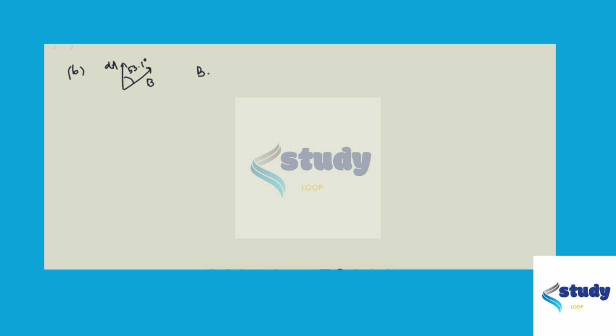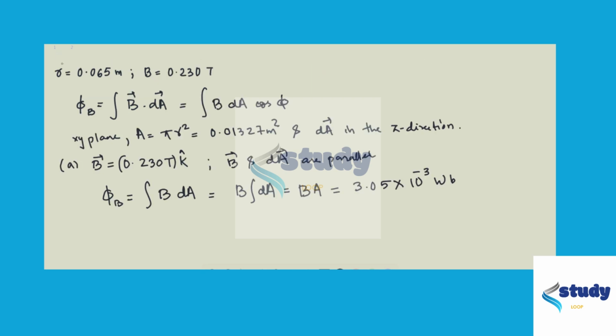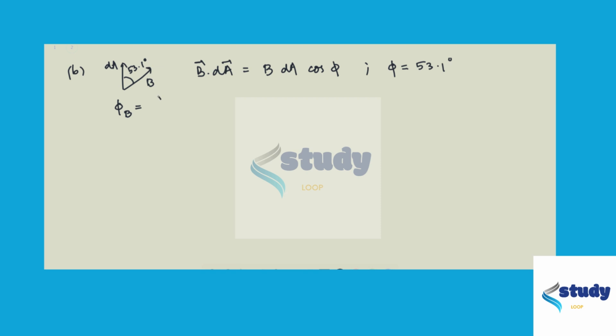So B dot A will then be B times dA times cos phi, where phi is 53.1 degrees in this case. We will follow the same equation that we did for part A. So for this case, the integral will be B dA cos phi.